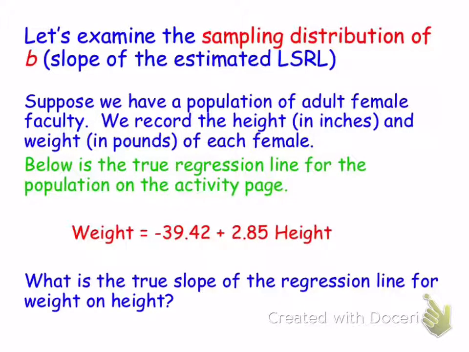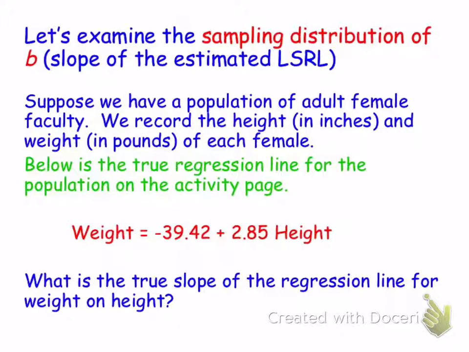If you have a slope of 0, that means you have no relationship. A positive slope means a positive relationship, and a negative slope means a negative relationship. Based off of the equation we already found, weight equals negative 39.42 plus 2.85 times height, what is the true slope of the regression line for weight on height?